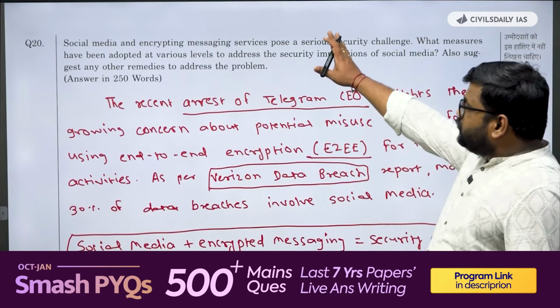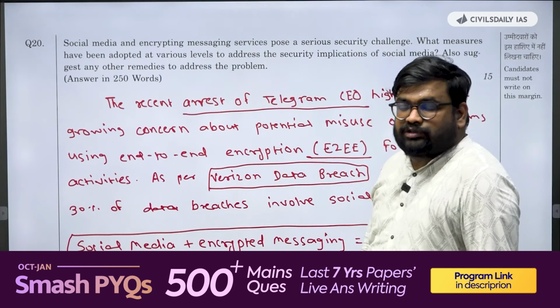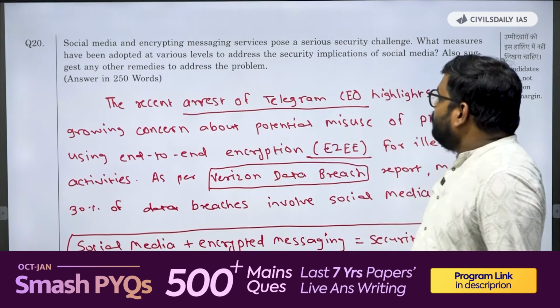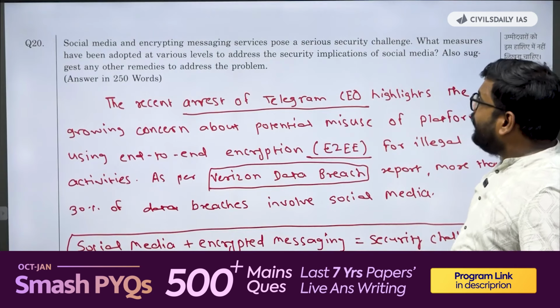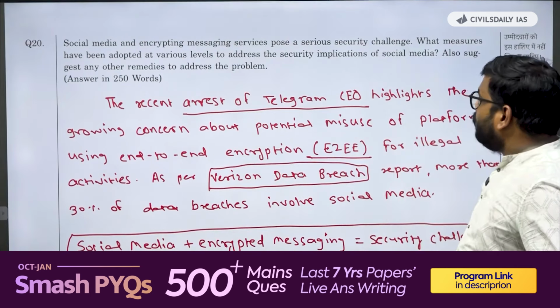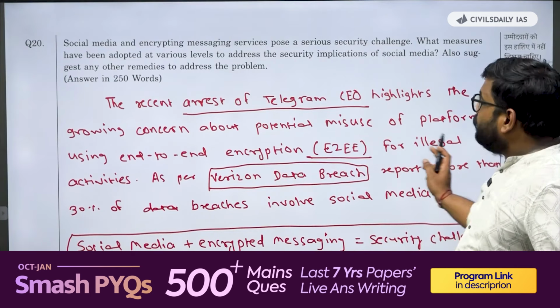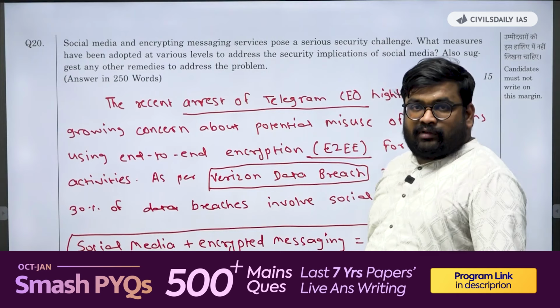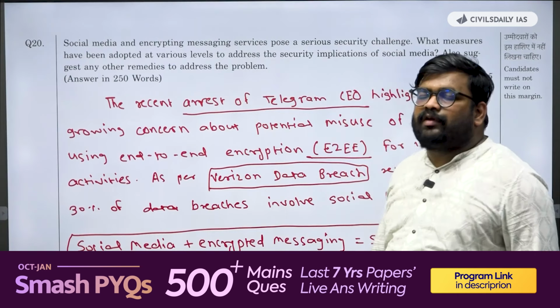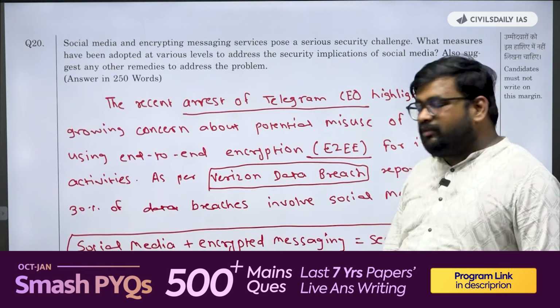If you see the introduction, we have given a contextual introduction. The recent arrest of the Telegram CEO highlights the growing concern about the potential misuse of platforms using end-to-end encryption for illegal activities. But we haven't simply given the context; along with it we have added data as well.